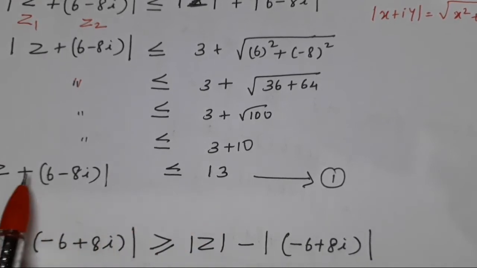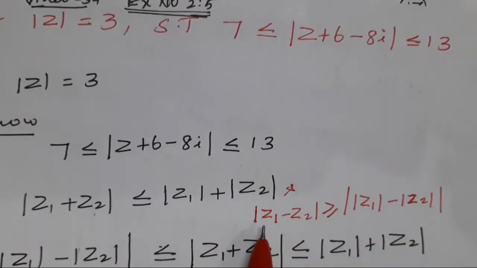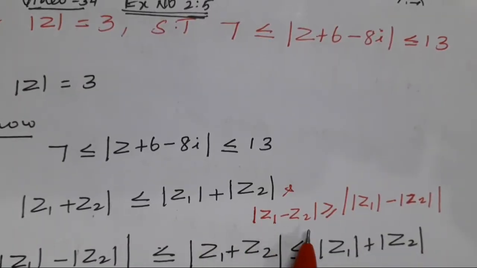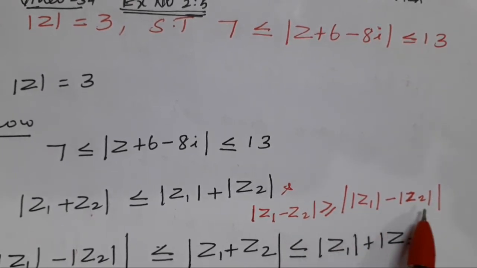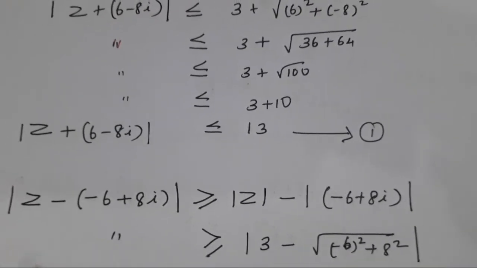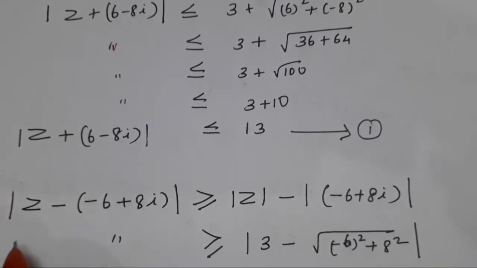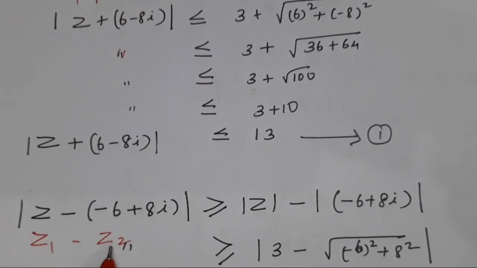Similarly, we prove the other result by substituting minus instead of plus, because for z1 minus z2, I already wrote it here: modulus of z1 minus z2 is greater than or equal to the double modulus of modulus of z1 minus modulus of z2. So here modulus of z minus z2, this is z1 minus z2; there it was z1 plus z2, here z1 minus z2.